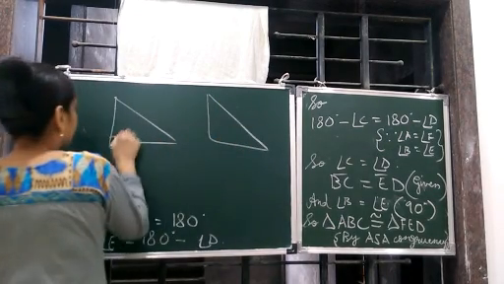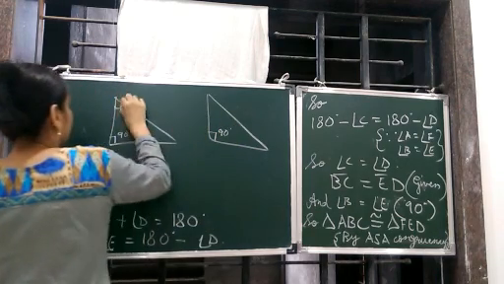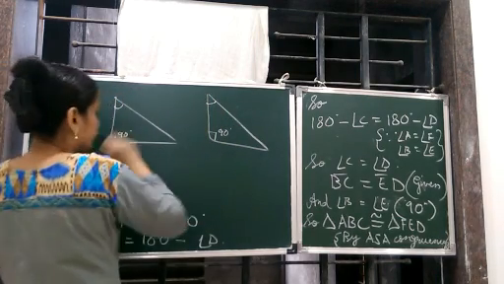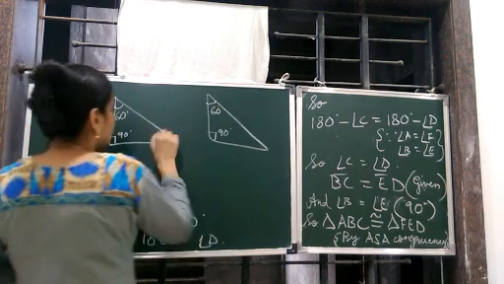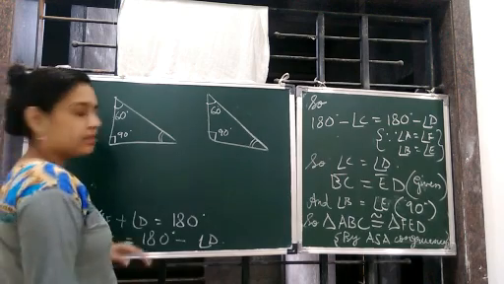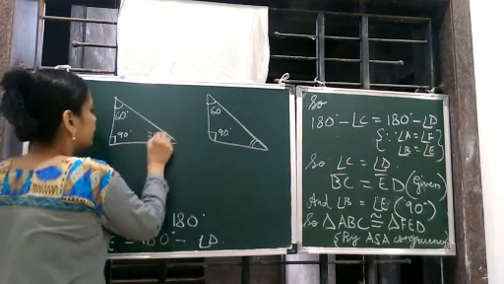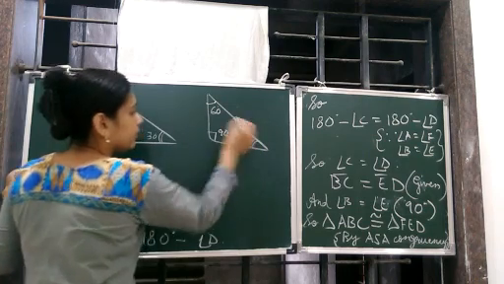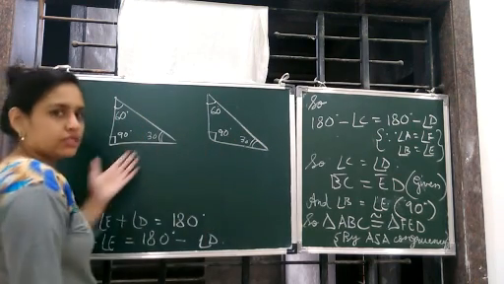This was 90 degree, this was 90 degree, correct? Now these two angles both were equal. Let's take 60 degree and 60 degree. So what should this be? From the angle sum property we can find out. So this will be 30. See, 30. Yes or no? Are they equal?